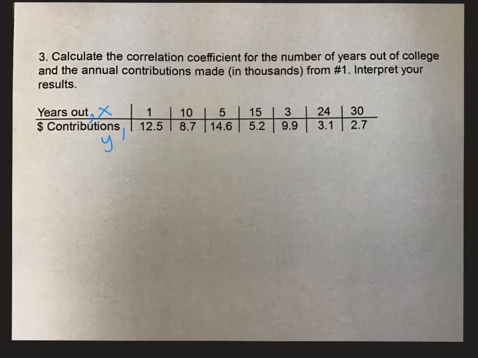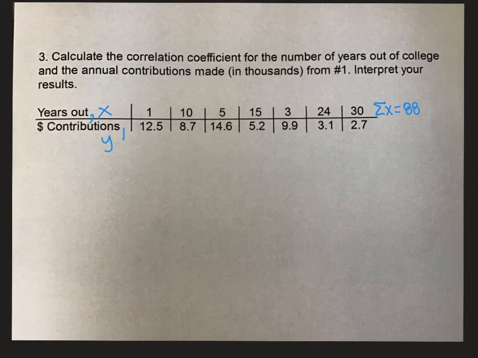So we have to have the sum of our x's. So I'm going to go ahead and add those up. So 1 plus 10 plus 5 plus 15, 3, 24, and 30 gives me a sum of 88.